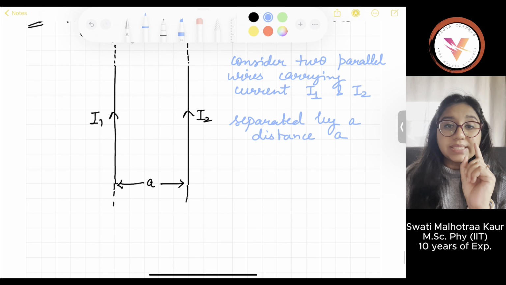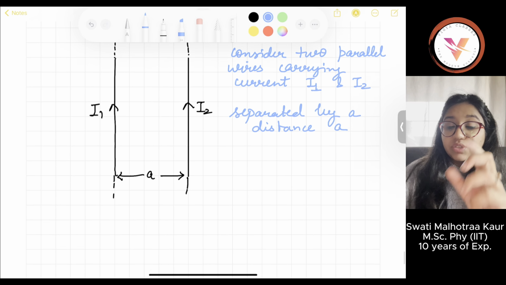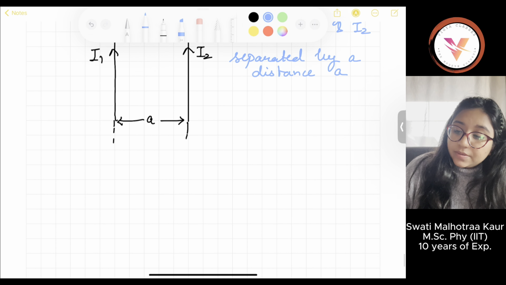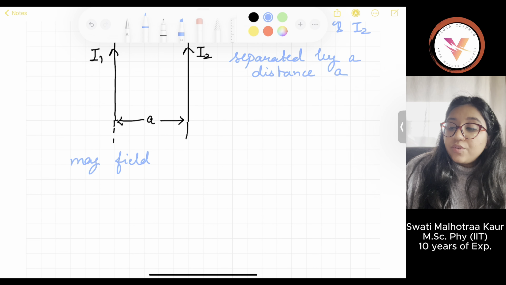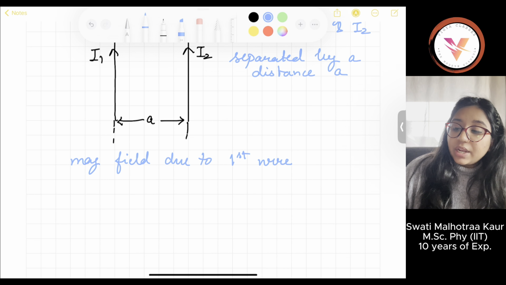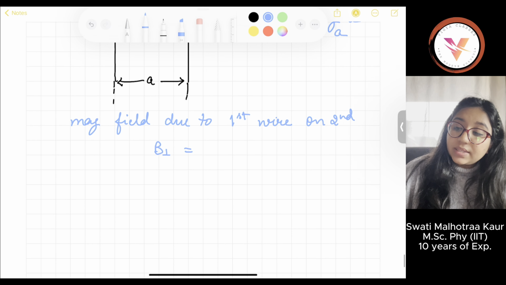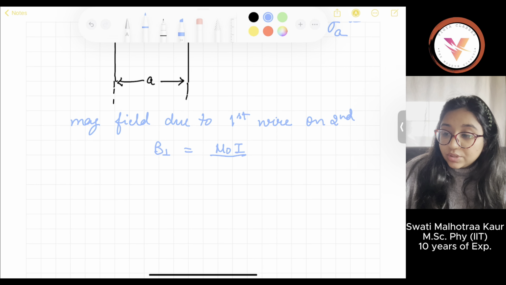So the force is ILB sine theta. So first we have to calculate the magnetic field. So the magnetic field due to first wire on second would be, if it is infinite, you can use the formula mu naught I over 2 pi r, where r is the distance, so it's I1.